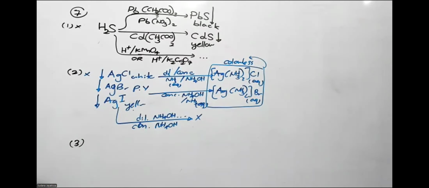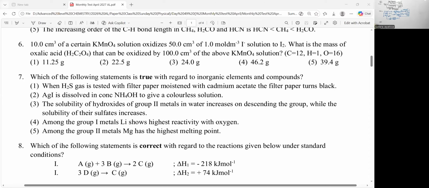In the third statement, it is telling the solubility of hydroxides of group 2 metals in water increases on descending the group, while the solubility of their sulfates increases.